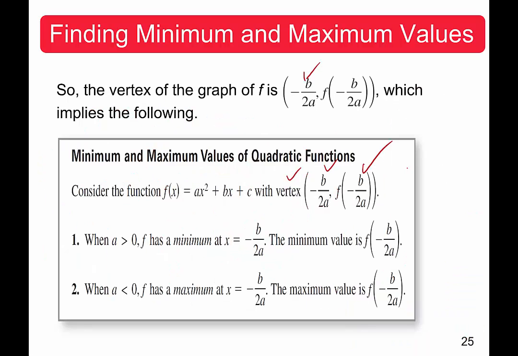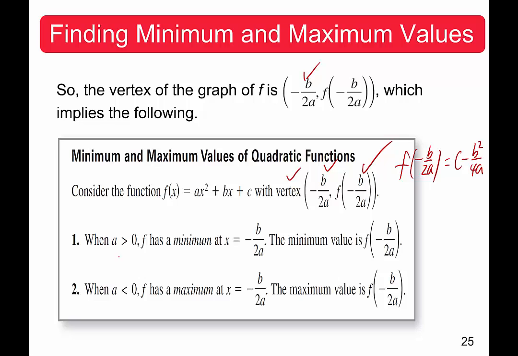So this is f of negative b over 2a equals c minus b squared over 4a. The same, but we don't need to memorize all those variable terms. That's why we just use function notation to make it simpler.